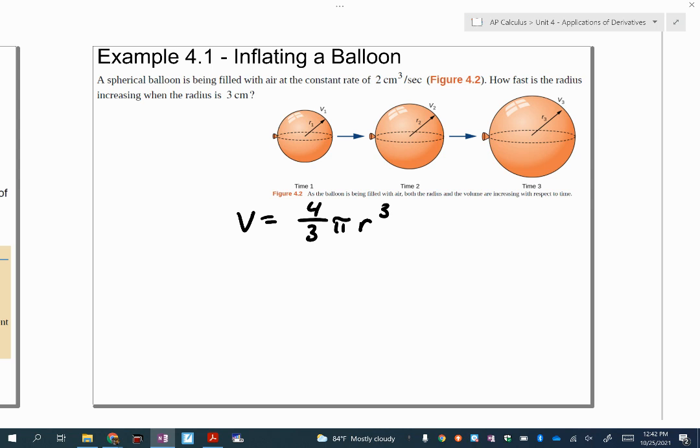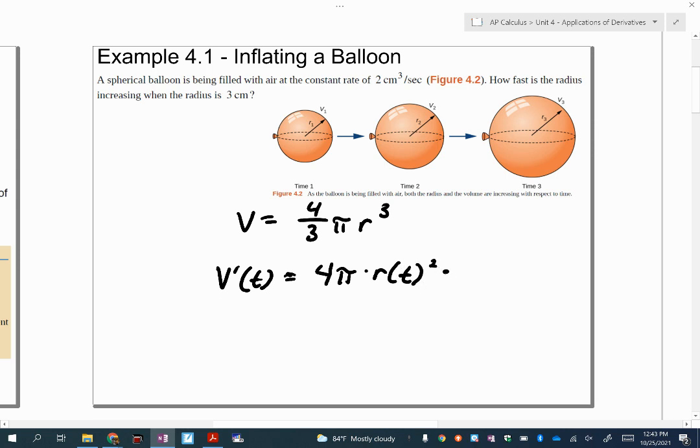So I'm going to find v prime of t, and this is going to be using the chain rule. So 3 times 4/3 is going to be 4 pi times r of t squared.